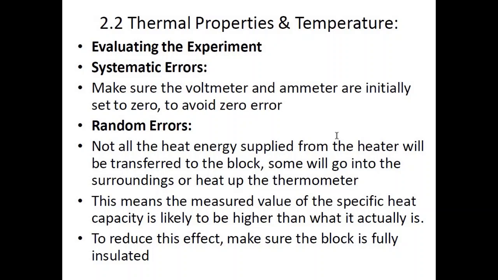Often the examiner asks what you can do to improve this experiment. So when the experiment is related to SHC or heat transfer, make sure that your first priority is to insulate the experiment, or insulate the beaker of liquid, or insulate the block of whatever material is given.